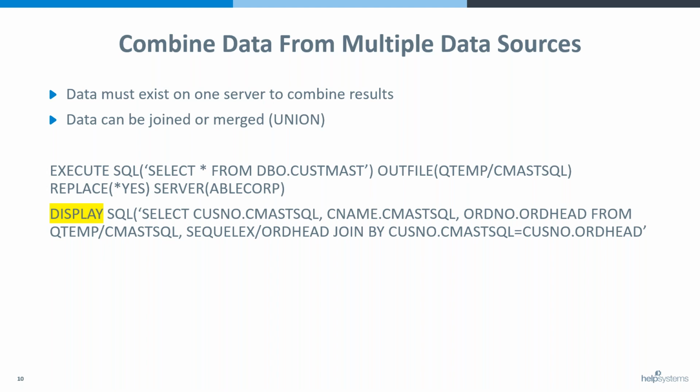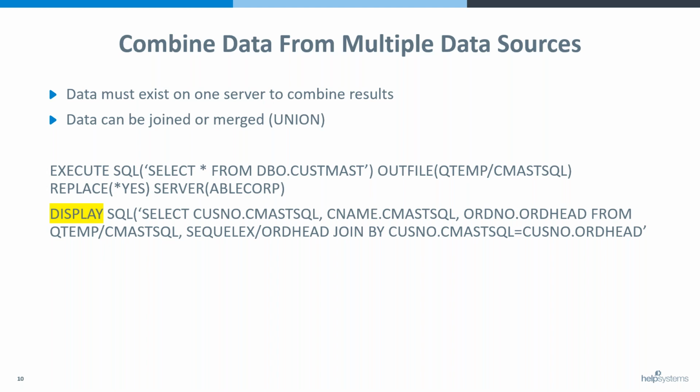Now, the first step is to bring the data to a location. In my example here, I've got data sitting on an SQL Server database, and I also have a file over on the IBM I, and I need to join those together to complete my request. My first execute statement in the script is going to go out to that SQL Server database.